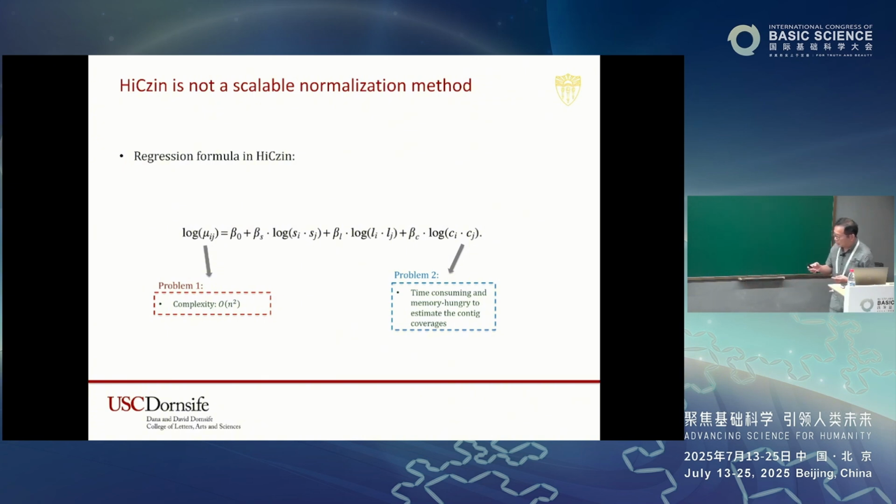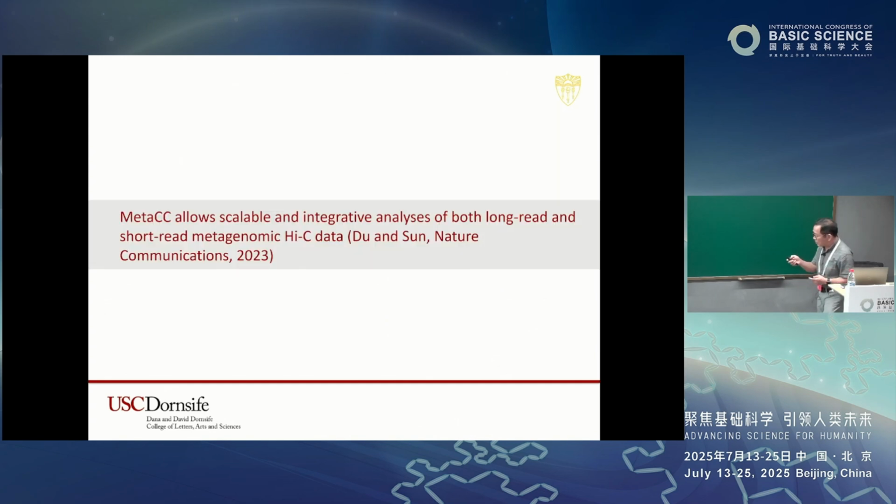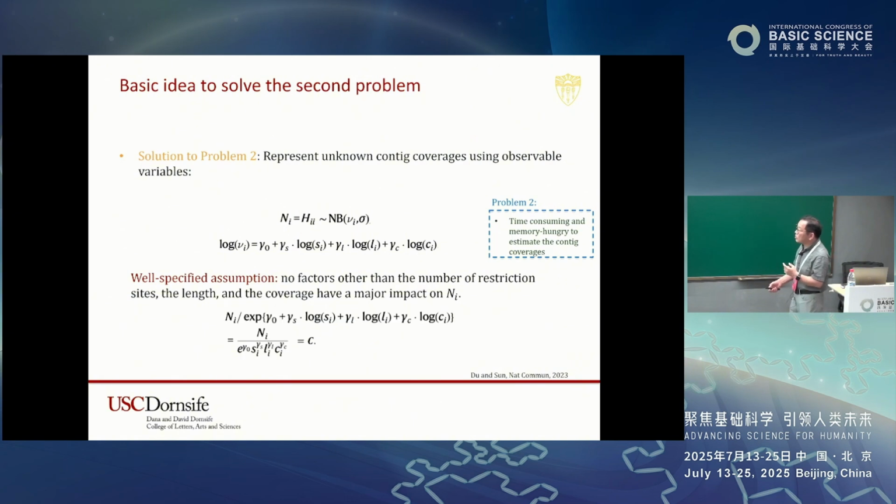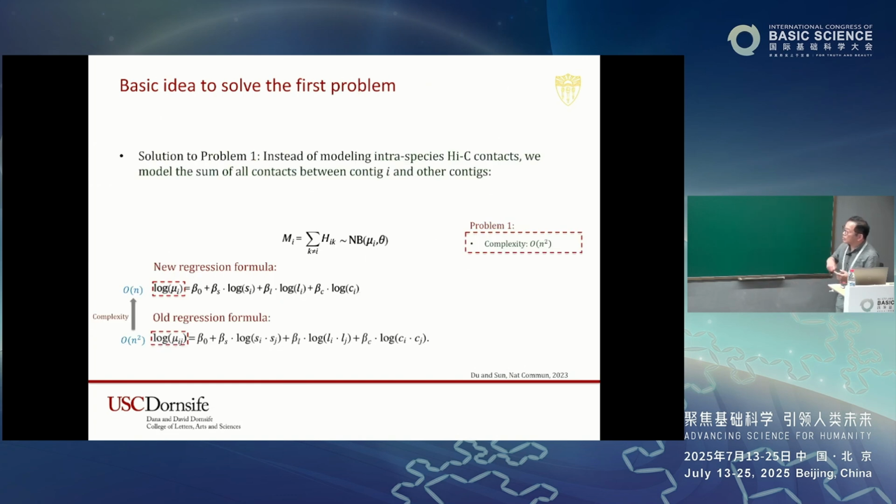Okay, so that's getting to our next project, published in Nature Communications. The idea to solve the first problem is to reduce the computational time from n squared to n. Now, instead of doing pair counting, we try to model the number of Hi-C reads mapped to one particular contig.